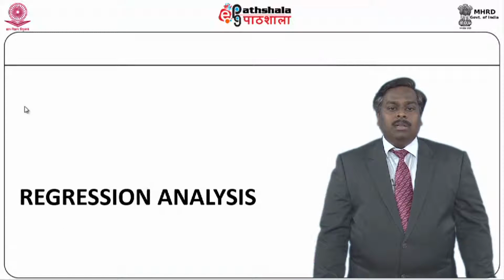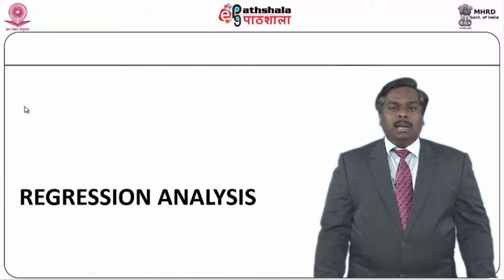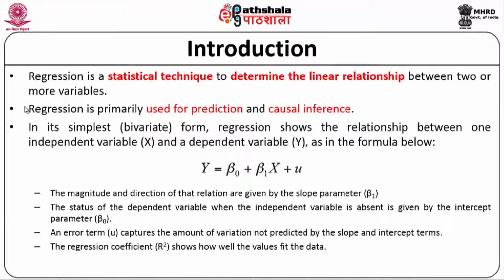So, to start with, let us first understand what regression analysis is. Fundamentally, regression is a statistical technique in which we are trying to determine the linear relationship between two or more variables. Whenever we end up with a data set, the data set has lots of attributes associated with it.